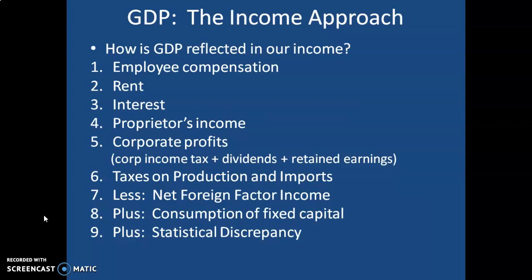And so our calculation has been a little bit off if that machine still has value after 10 years, or perhaps it became obsolete before 10 years. We have to take that into account, and that's going to go into the statistical discrepancy to fix the error in our calculations. So that's what that's all about.